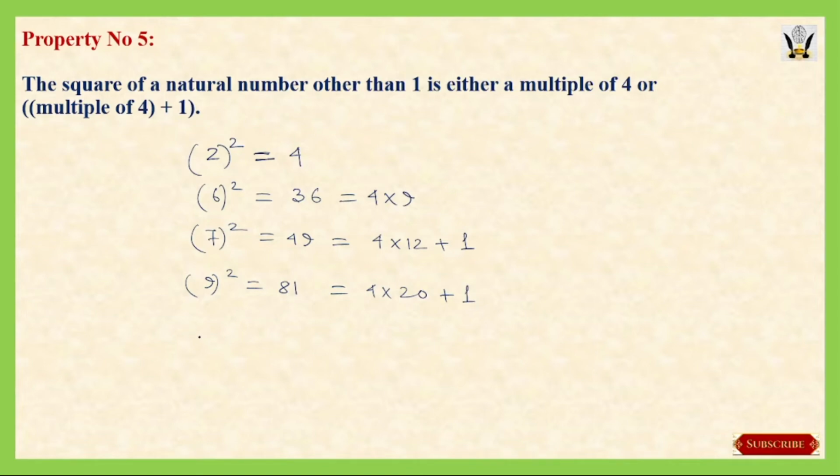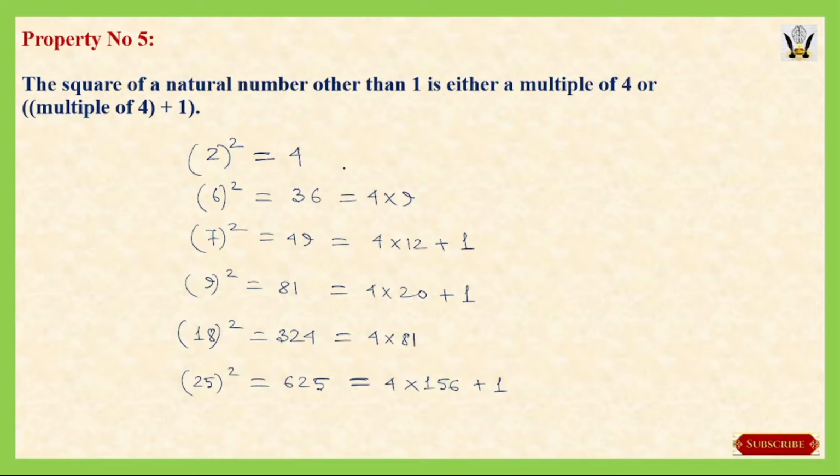Then if I take suppose 18, then 18 square is 324. So 324 can be further written as 4 multiplied by 81. So it is a multiple of 4. Now if I choose suppose 25, then the square of 25 will be 625. So it can be written as 4 multiplied by 156 plus 1.